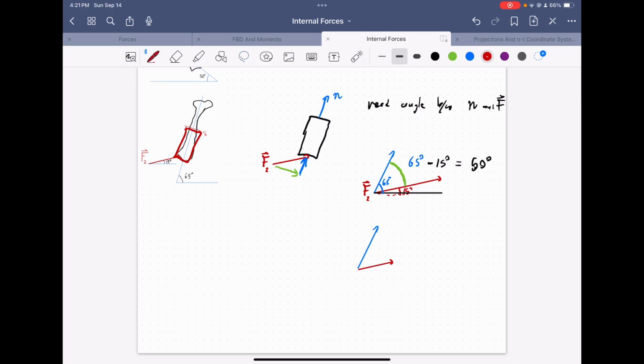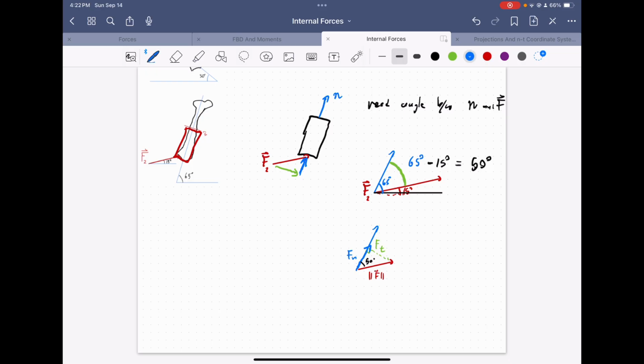And again, we want to project onto it, and we make that right triangle right here, where this is technically FT, and if we draw little FN, we can now solve for this because we know that this angle is 50 degrees. And this, of course, is the magnitude of F.